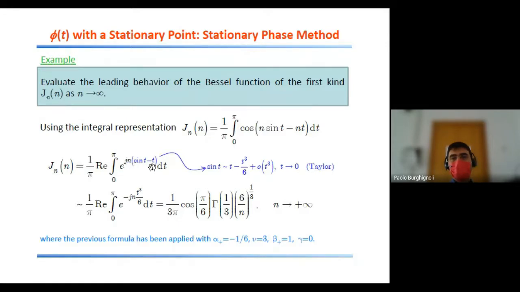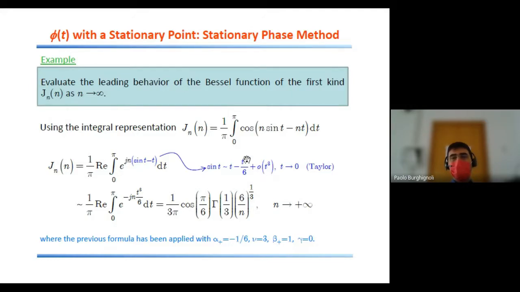So we have a standard Fourier integral in which n is the large parameter and the function phi is sine t minus t, which is asymptotic to, by means of a Taylor expansion, t minus t to the third power divided by 6 plus higher order terms.